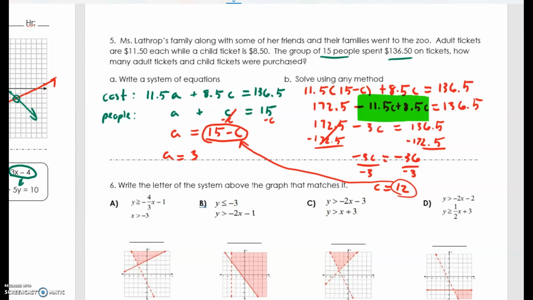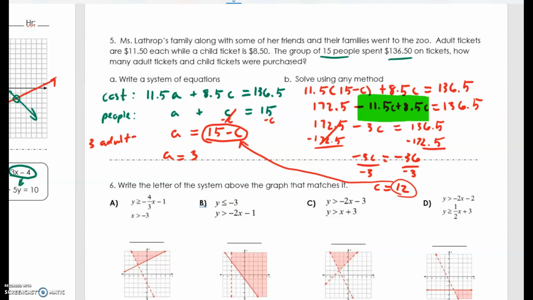So this problem doesn't make much sense. I wonder if these variables are interchanged on accident. But if the adult tickets are $11.50 each, oh, never mind. They do make sense. This is just the number of tickets. This isn't the price. For some reason, I was thinking that it was the price, but we already have the price.